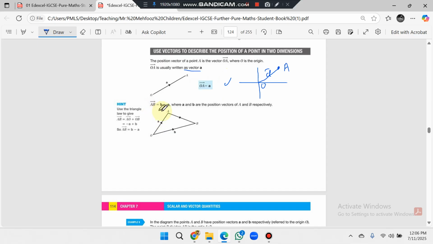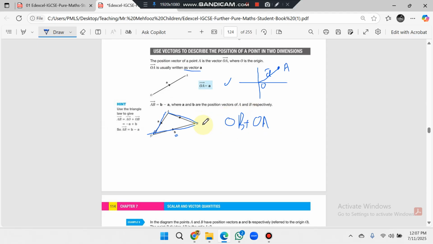AB means B minus A. How? If you are finding the value of AB, it means OB minus OA. So this is OB. OB is basically small b, and what is OA? OA is this one.